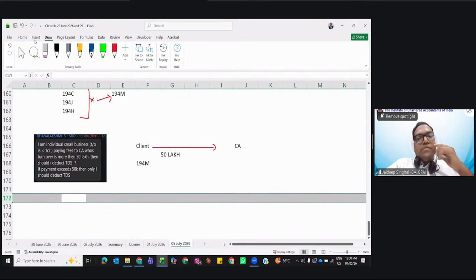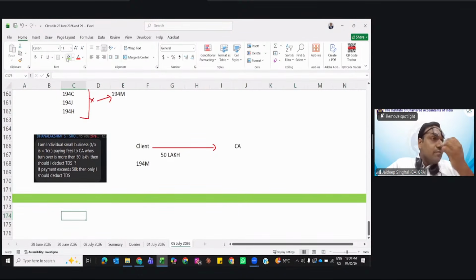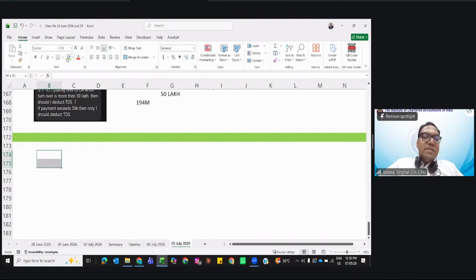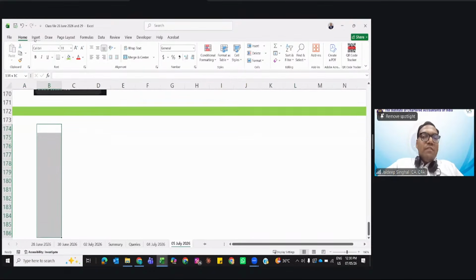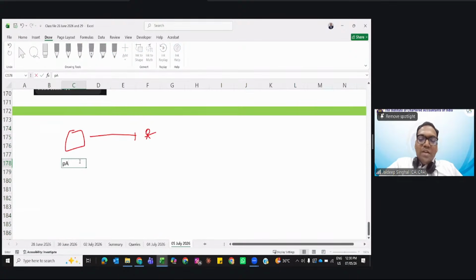Whether it is professional fee or commission, it is income for the recipient, whosoever was receiving it. If an employer is paying the employee, it is income for the employee. If a client is paying the CA, it is income of the CA. Yes.